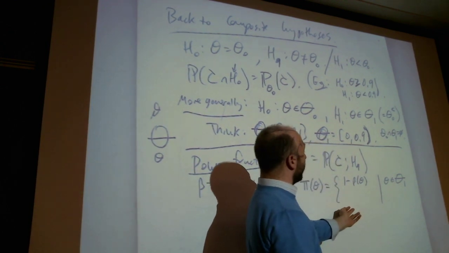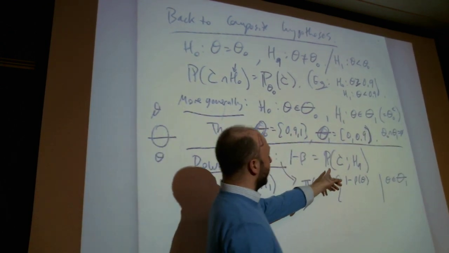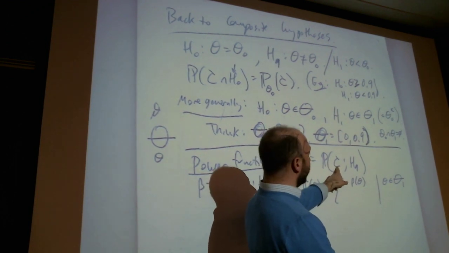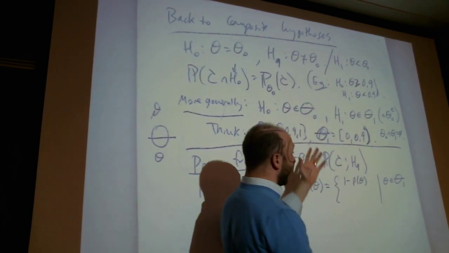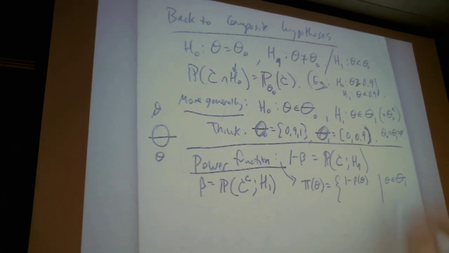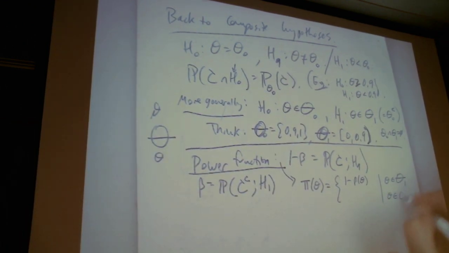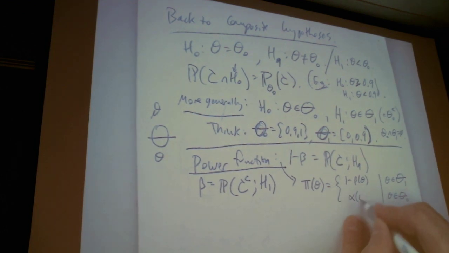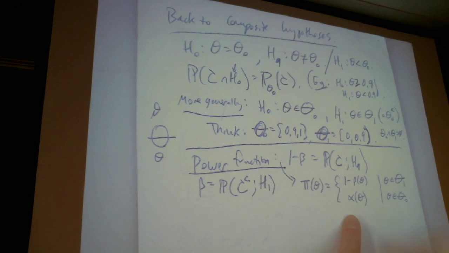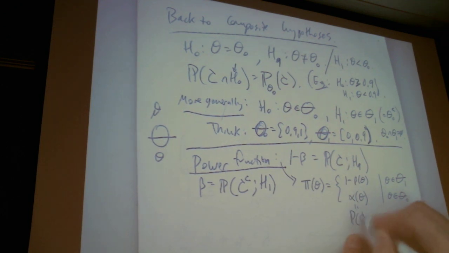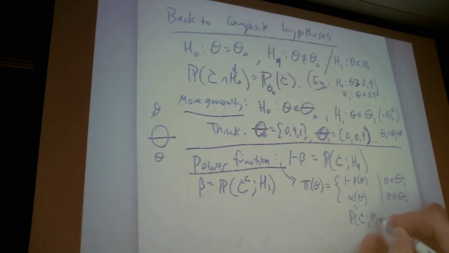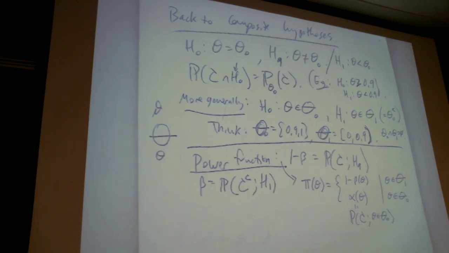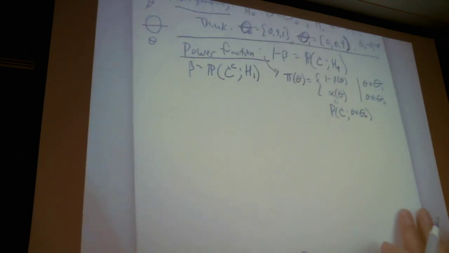But we can extend it a little bit further to the same thing, the probability of the critical region for all the thetas in general. But once we get the thetas in the null hypothesis, this is no longer beta, it's a type 1 error. Because this is the probability of the critical region, assuming theta is in the null hypothesis.